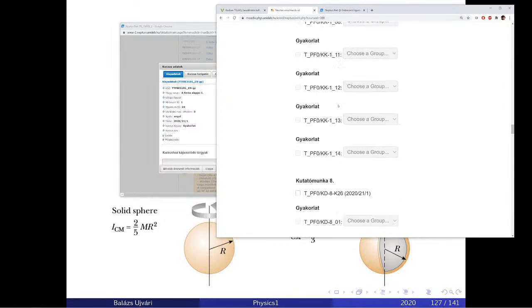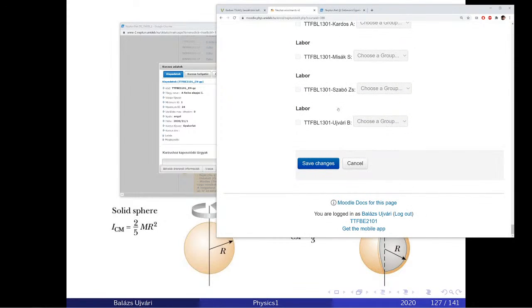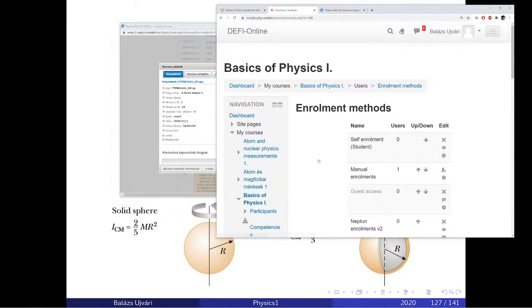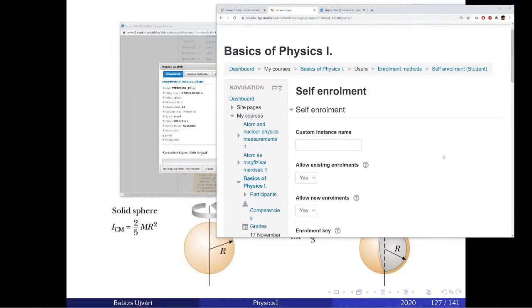All right, now let's save it. Have you received, and can you change it? Do you receive any Neptune message?